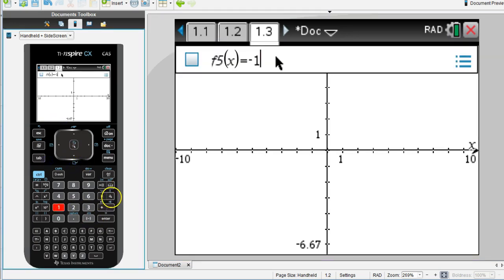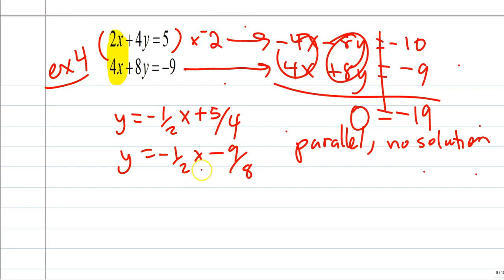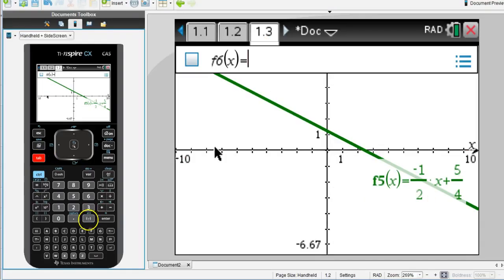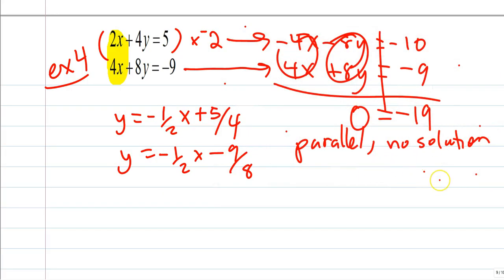When are these lines going to cross? They never get any closer, any further apart. They have no solution because they are parallel lines.